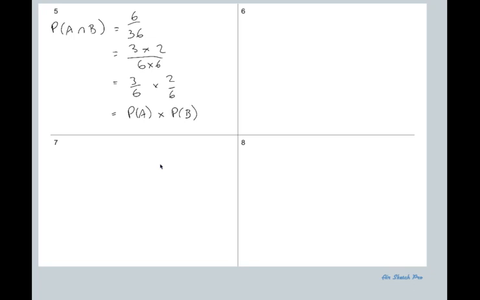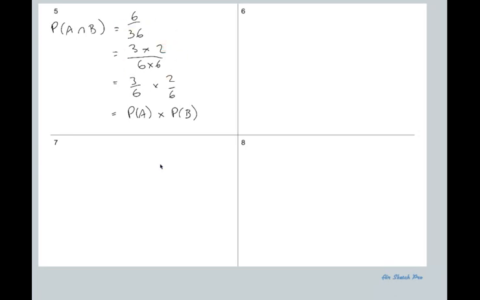Now, do note that this is the probability of getting an even number on the first die, and this is the probability of getting a number less than 3 on the second die. So these are pulling from different sample spaces effectively. This is the big sample space.